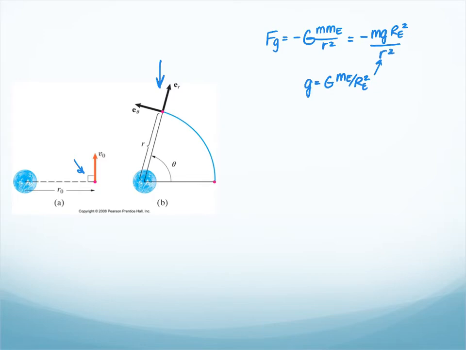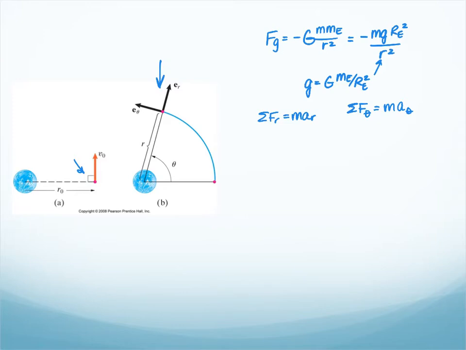So now we have the sum of the forces in the radial direction equal to the mass of the satellite times its radial acceleration, and the sum of the forces in the tangential direction equals the mass of the satellite times acceleration in the tangential direction.